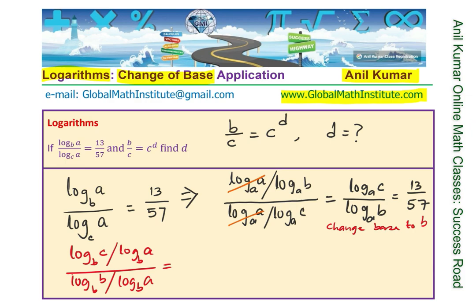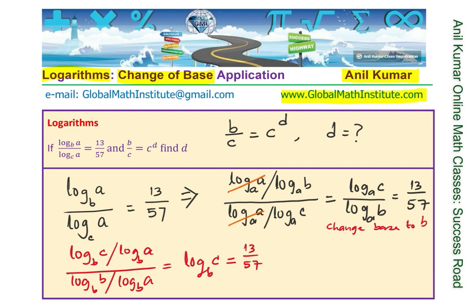So here you see that log to the base b of a cancels. And log base b of b is 1, and therefore this is equal to log to the base b of c. So that should be equal to 13 over 57. Does that make sense? You understand? So we have again applied the change of base formula and got an expression.